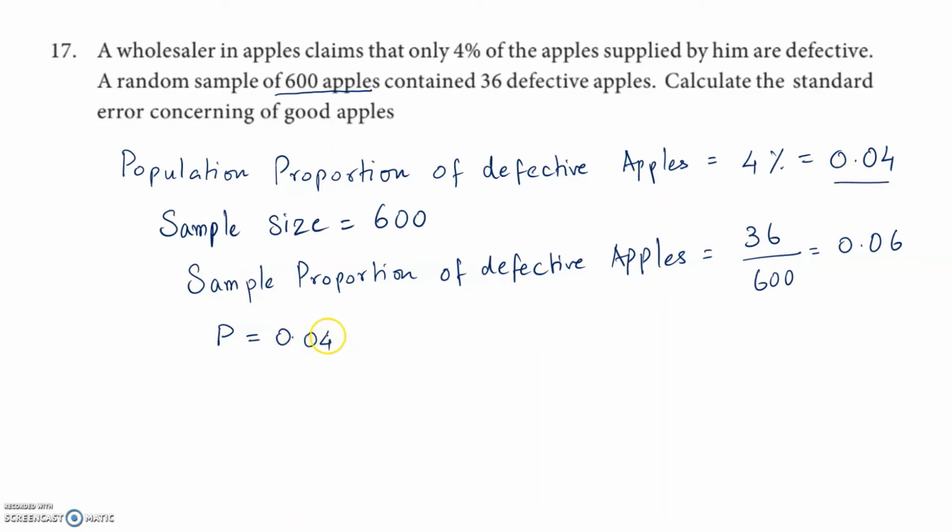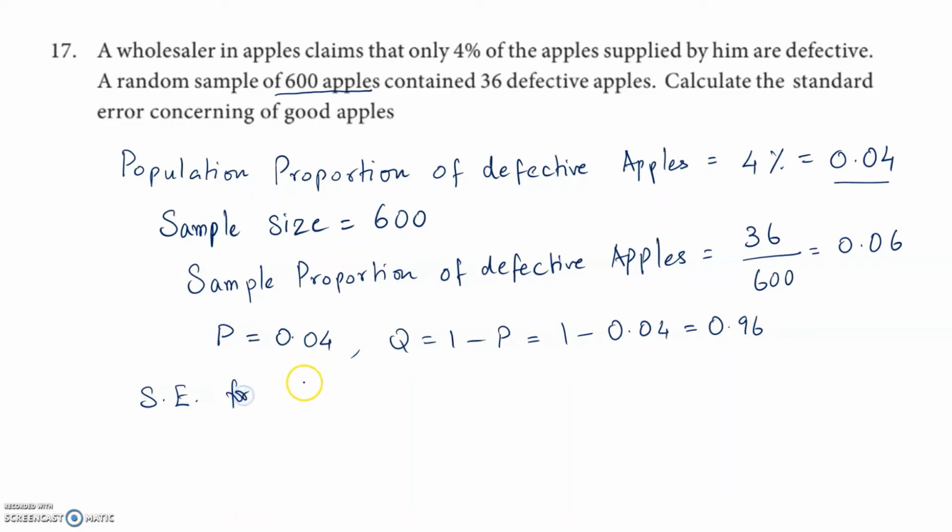This is the population proportion, and our Q is given by 1 minus P, and that is equal to 1 minus 0.04, that's equal to 0.96. That's our Q.